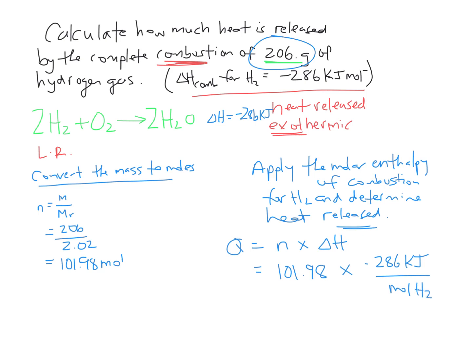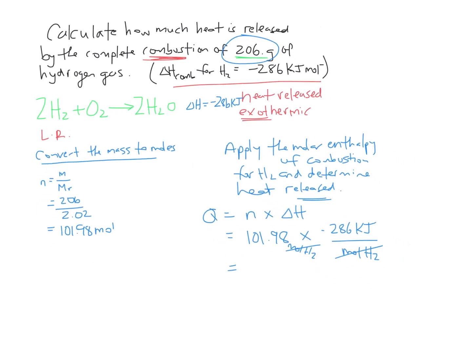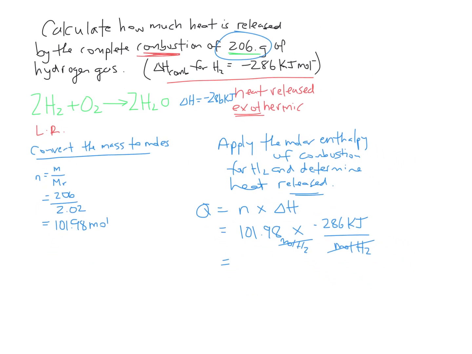And really here, I should have put the unit moles of hydrogen gas, because then you'd see that they actually cancel out, and you end up with a value in kilojoules. And if you put that into your calculator, what is that value? It's around 29166 kilojoules. That's a lot. That's a lot of hydrogen gas, actually, in this question. It's kind of like a little hydrogen bomb.